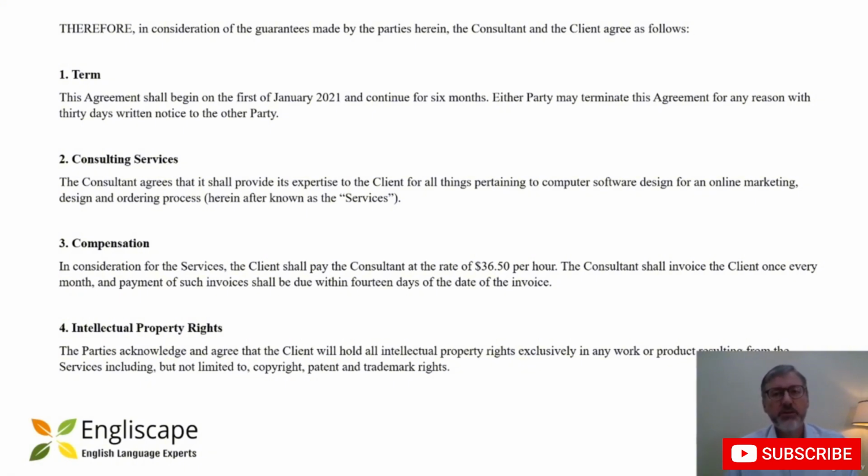4. Intellectual property rights. The parties acknowledge and agree that the client, this is Mitchell's Windows and Doors, will hold all intellectual property rights exclusively.